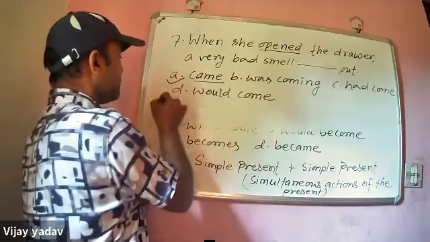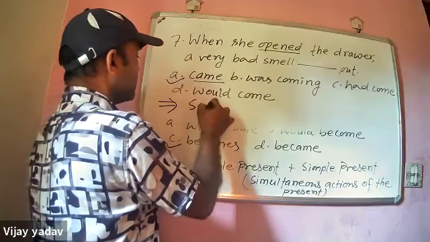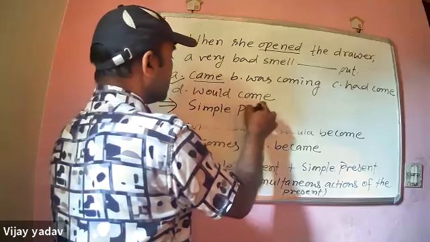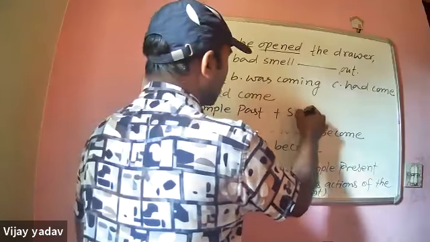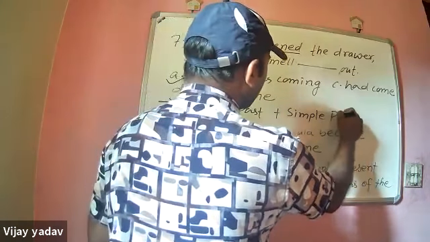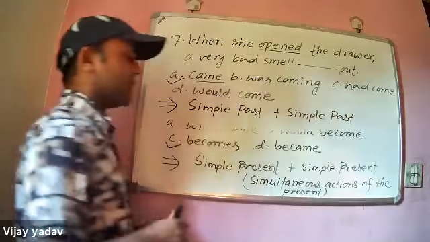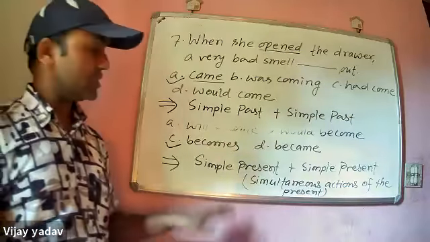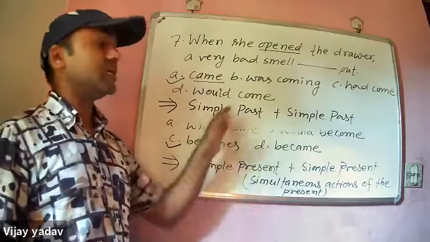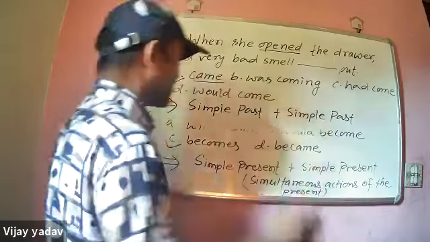So here you write simple past plus simple past. Very similar to it: here simple present plus simple present, here simple past plus simple past.